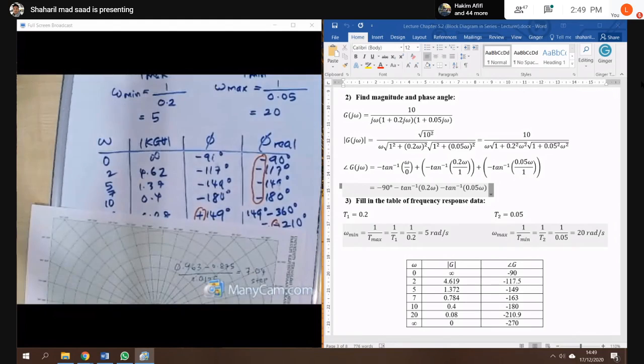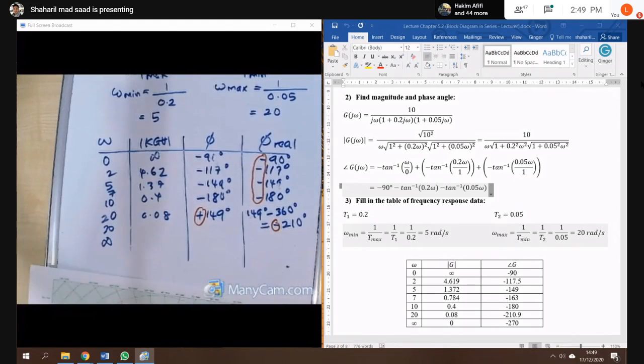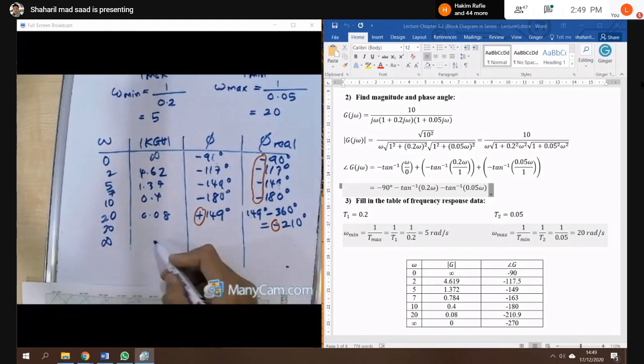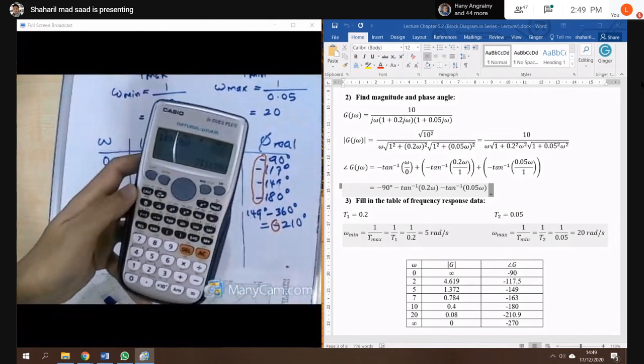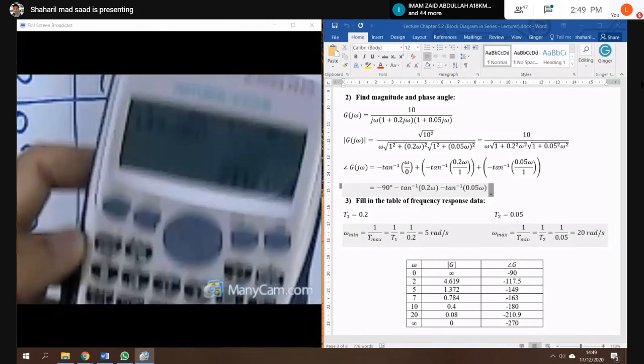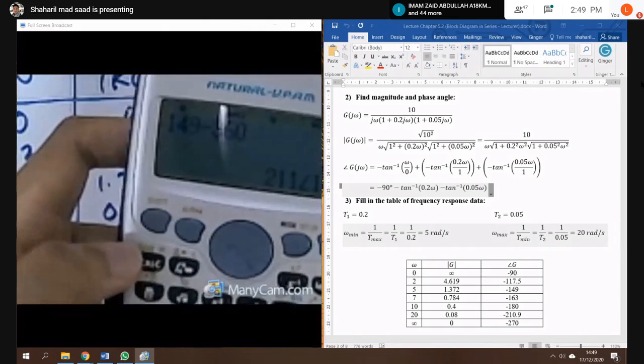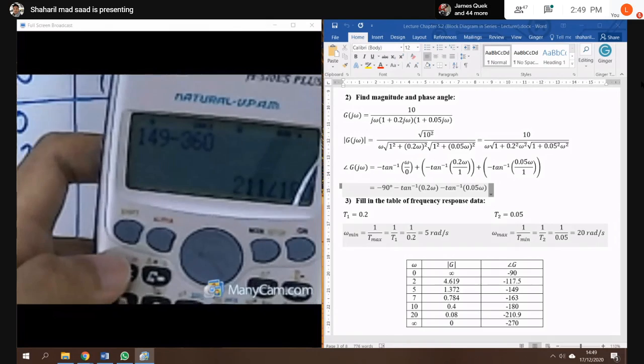And then you can proceed 30 if you want. How about infinity? How are you going to put the infinity value in this one? You just press calculate. Right?